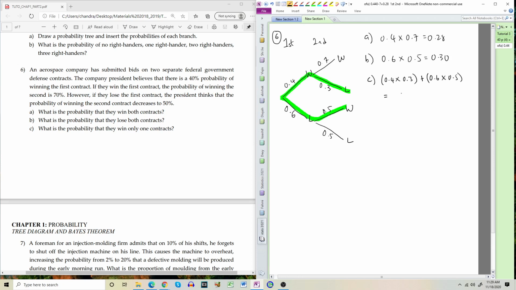You should get 0.42. Hope you guys understand this. Number 7.